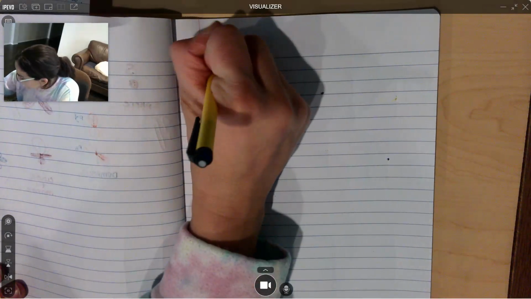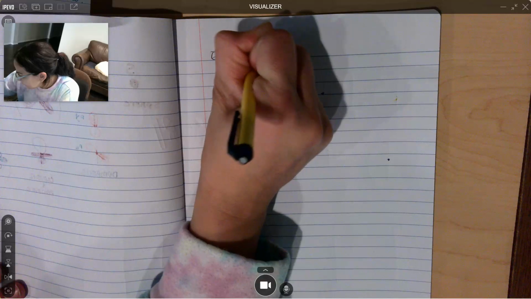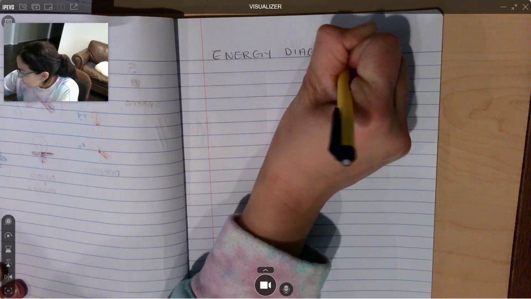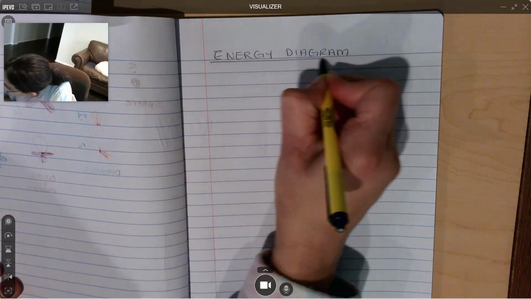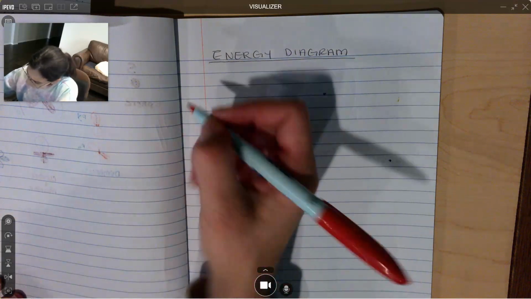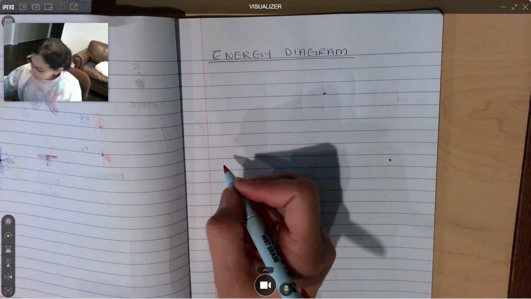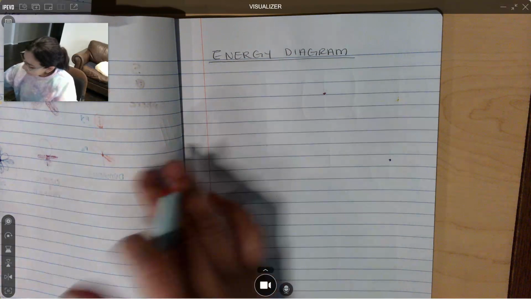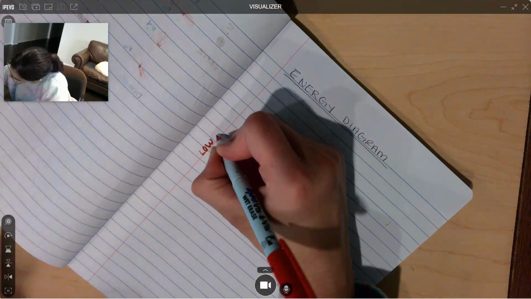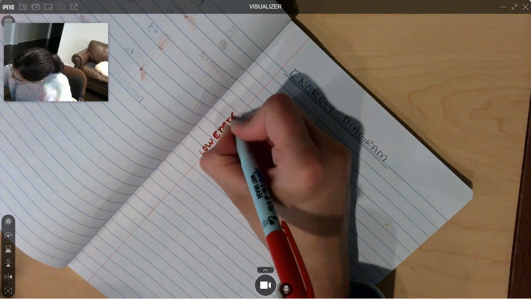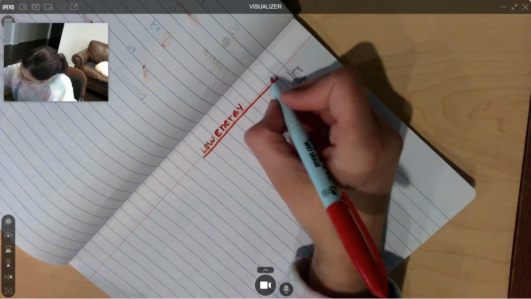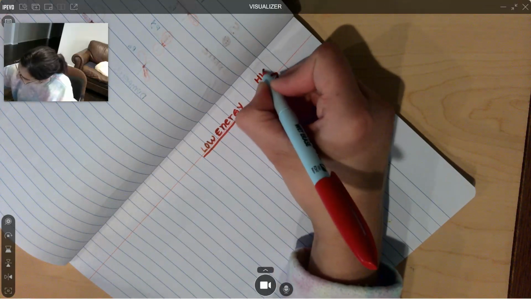So let's write in energy, because this chapter is all about energy. So if I start at the bottom, this is going to be considered low energy, to high. And this is going to be high energy.